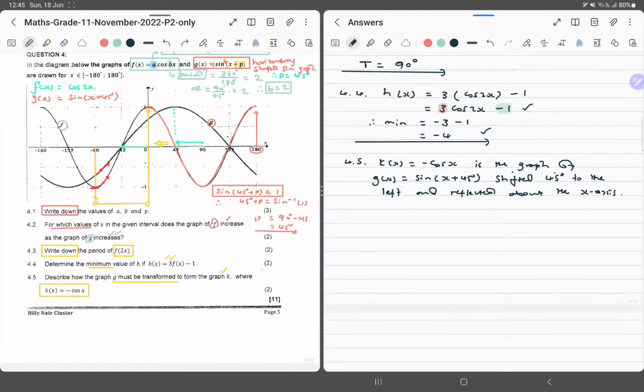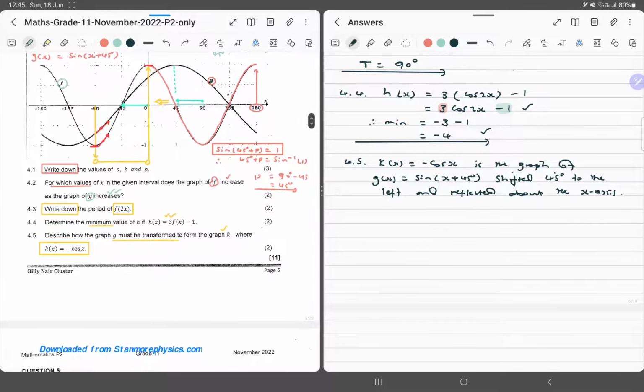Okay, because we flipped it for it to be negative. Think about it. It's a horizontal shift, so we can say now g of x was sine of x plus 45, and we're shifting it 45 degrees to the left again. And then if we're reflecting it, we're going to multiply it by negative, right? So that is our k of x.